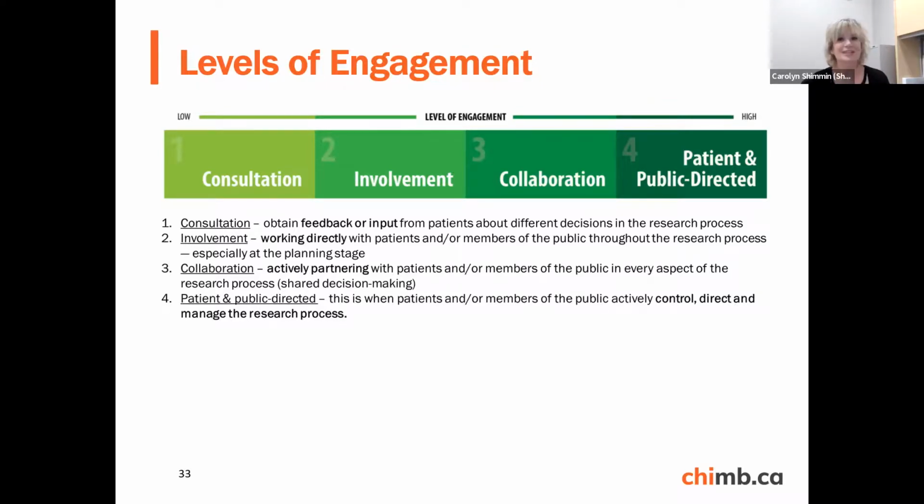At the collaborate level, this is where we are actively partnering with patients or members of the public in every aspect of the research process, including the research priorities, the research question, the design, the data collection approaches, the outcome measures we're going to use, the analysis of the results and the dissemination of the findings. And it's seen as an ongoing partnership where members of the public might collaborate with researchers in developing everything, the research grant application, and be part of the advisory committee as well.